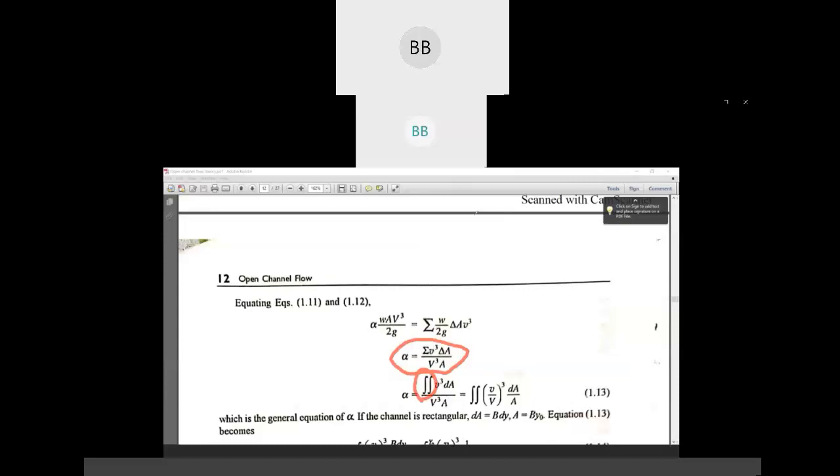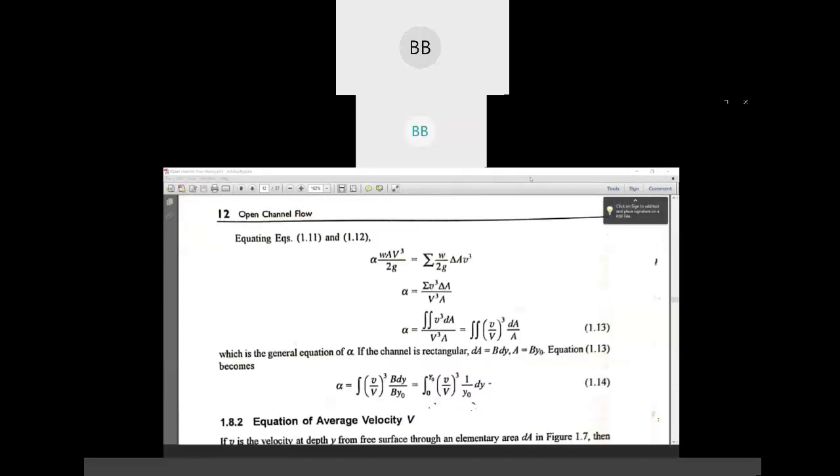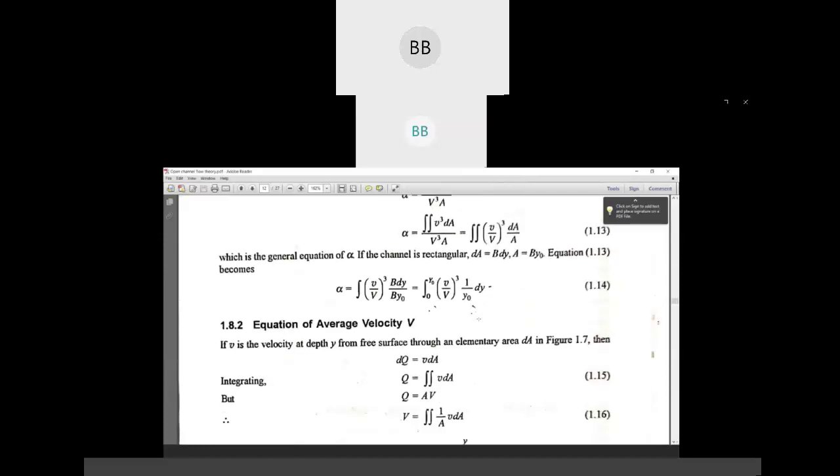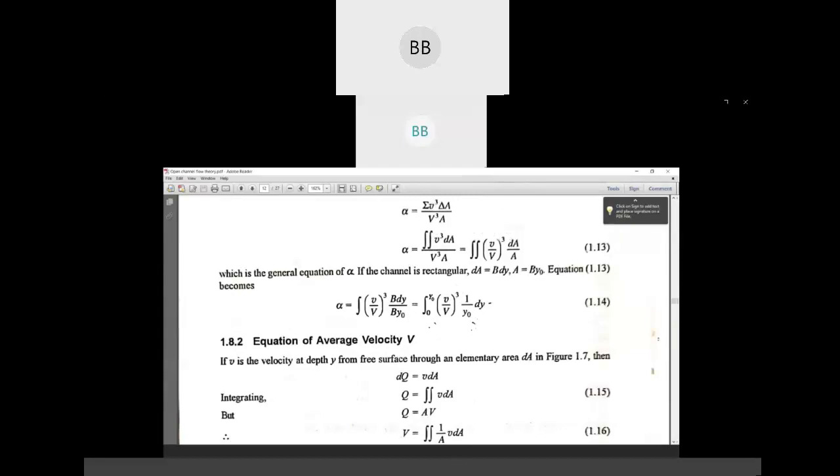So we will take an example of a rectangular channel. We will consider a rectangular channel.